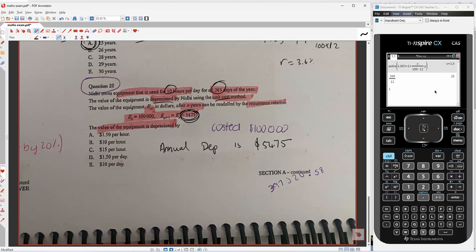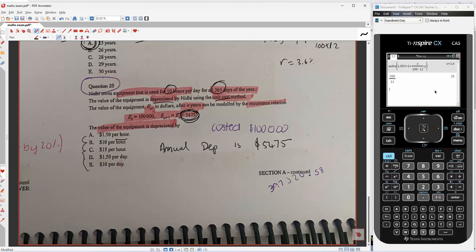5475. And then looking at how it's depreciating, we've got 5 options, either a per hour or a per day depreciation. So I'm going to try to work out the per hour depreciation and then just see how I go from there.